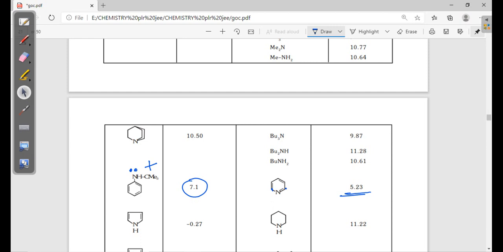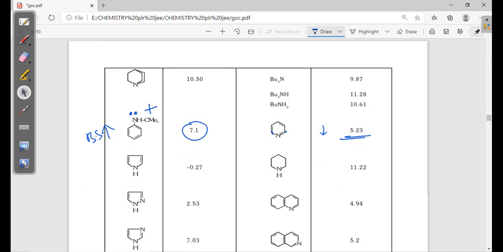So this basic strength is higher than this. Okay, now see, minus 0.27 means it is not at all a base, it acts like an acid. Minus means the basic strength is minus, that means acidic strength is there. Okay, so in case of this one, it is a secondary amine, it is a base.